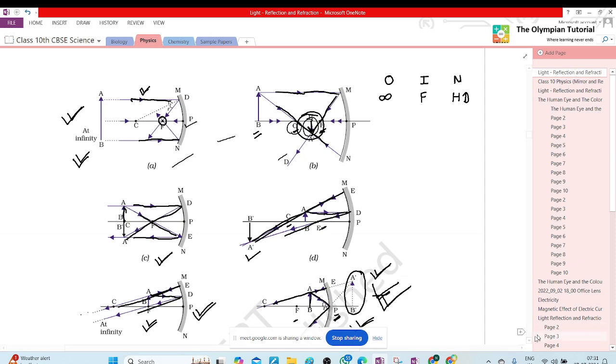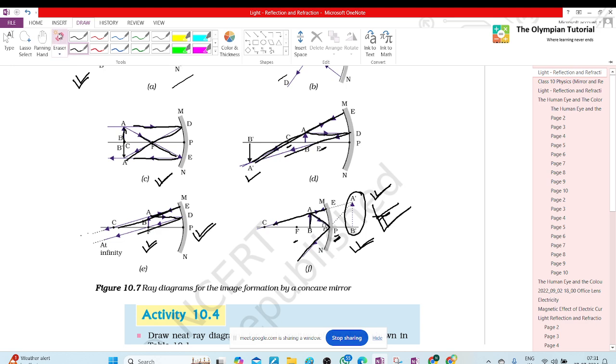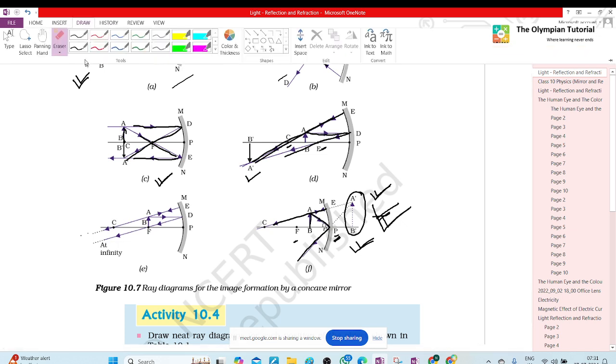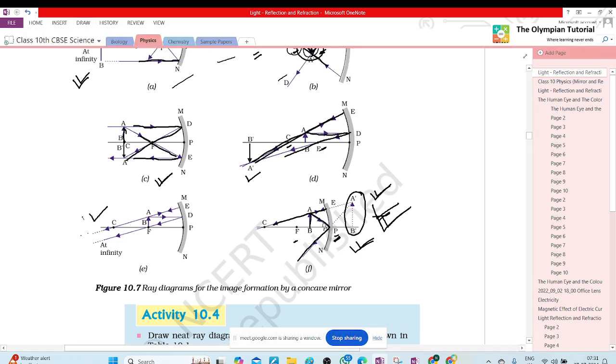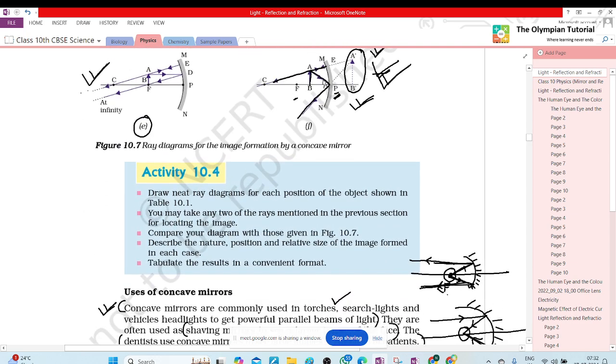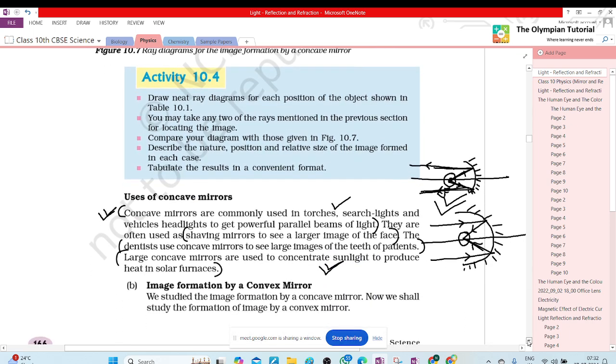This one is also correct because in the six conditions we have shown this diagram. So you can make this one also. Yes, ma'am. Actually, this one is preferable because it is given among the six diagrams. But that one is also correct because from focus we will get a parallel beam of light. Yes, ma'am. Okay. Now image.